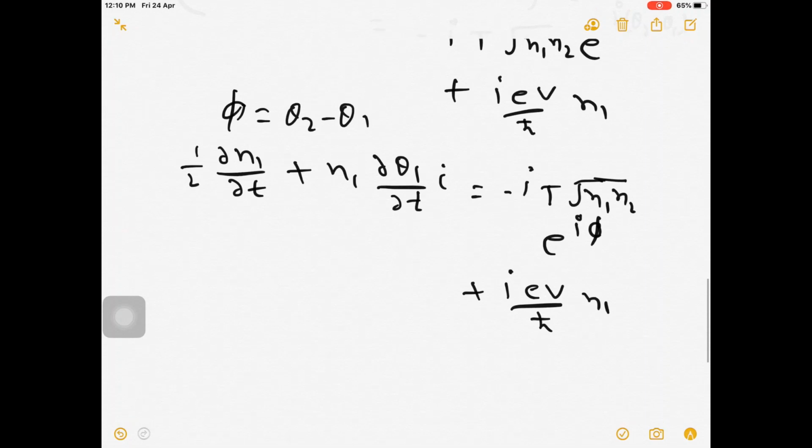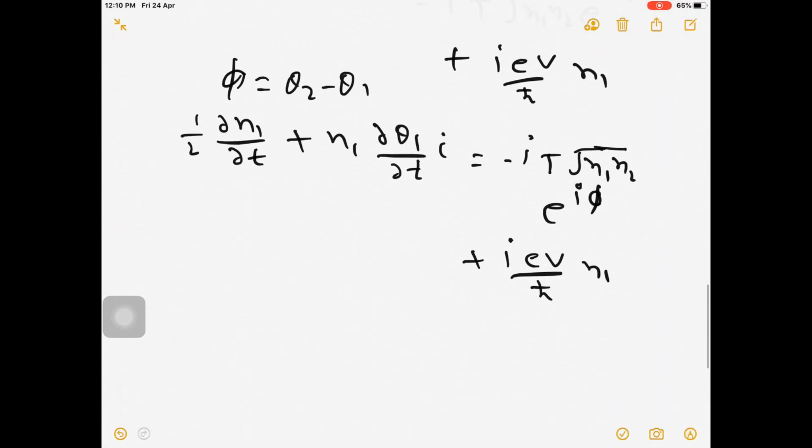Now we can break it into real and imaginary parts, since we know that exponential iota phi is equal to cos phi plus iota sin phi.